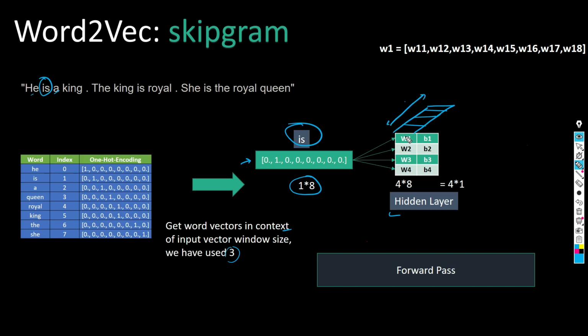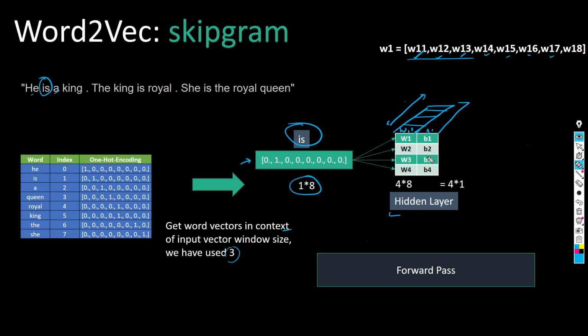For this W1, I have W11, as you can see over here, W12, W13, W14, W15, W16. In that way we have 8 vectors with respect to each individual weight and bias. For biases also we have B11, B12, till B18. So we have 4 neurons for this vector.